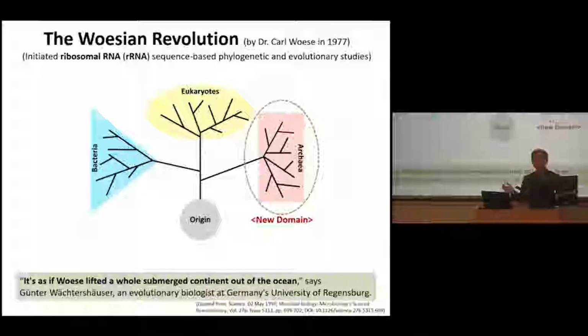So before the archaea domain, all living creatures were classified into two, prokaryote and eukaryote. So the life forms belonging to prokaryotes were divided into bacteria and archaea based on this ribosomal RNA sequence.